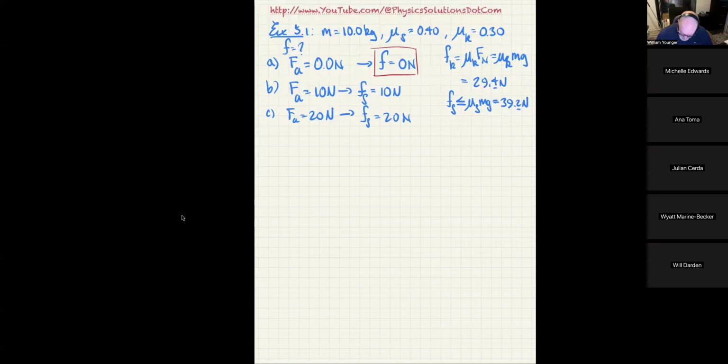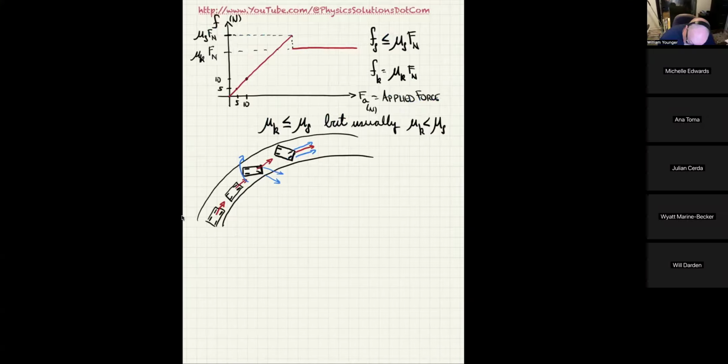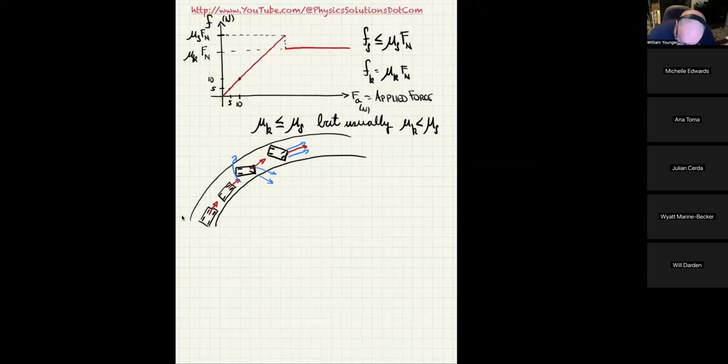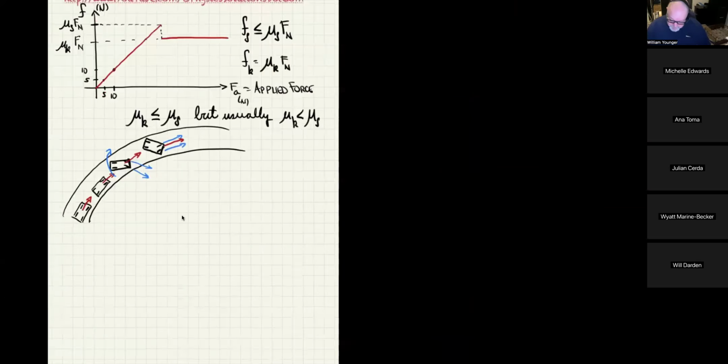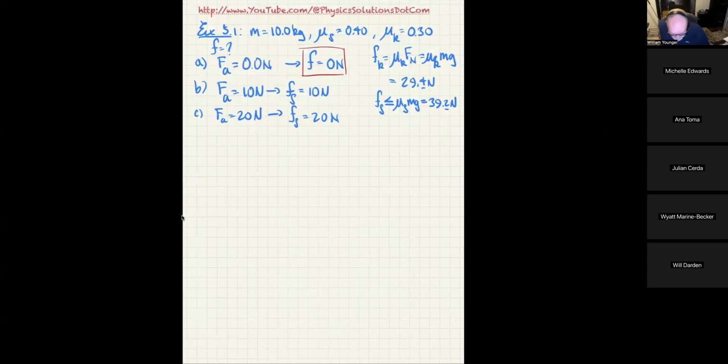Again, that's just what I was showing you with this, because whatever force you apply is exactly equal to the friction force, exactly equal to the friction force, up till you get to here. And then that's our 39.2, that peak value there. And this is our 29.4, whatever that number was. Yeah, 29.4. Okay. So that's what happens with the 20 newton force.